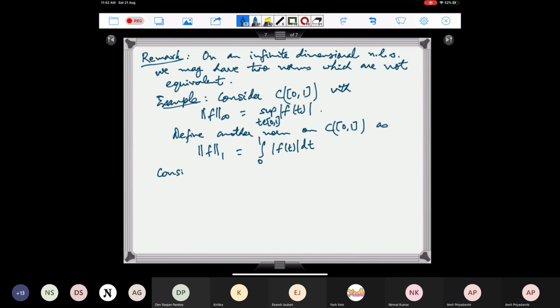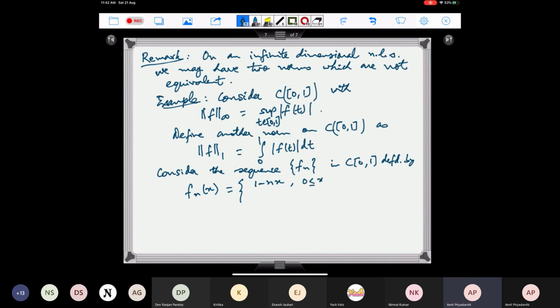Consider the sequence f_n in C[0,1] defined by f_n(x) equal to 1 minus nx if x is between 0 and 1 by n, and it is 0 if x is bigger than 1 by n.